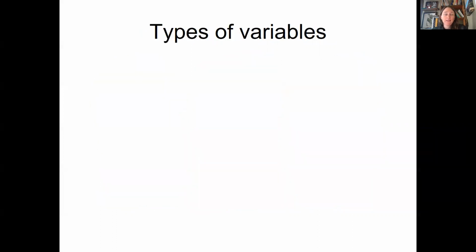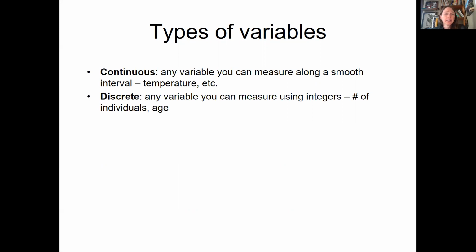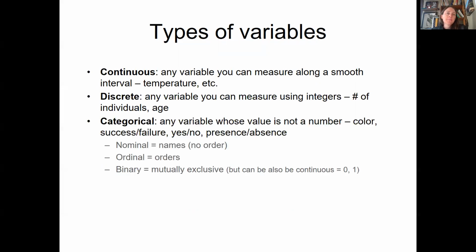So to summarize, the different types of variables can be quantitative and continuous, things like temperature or moisture, things that you would measure along a smooth interval. Things that are discrete, anything that you can measure using integers, numbers of individuals, how old you are in years, right? Those would be discrete variables. Or they can be categorical variables.